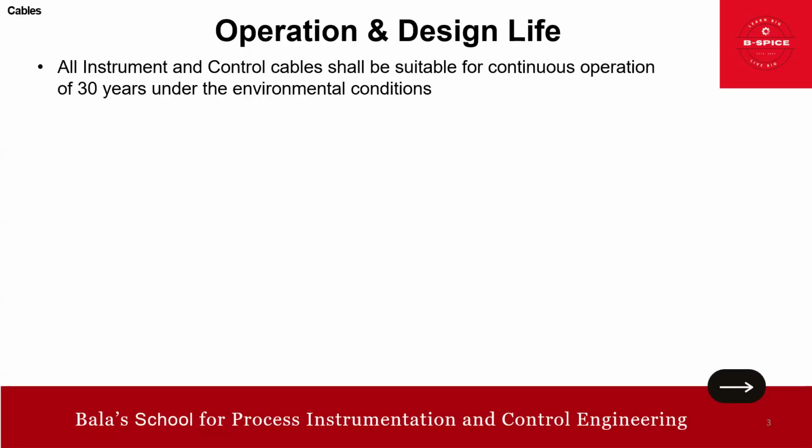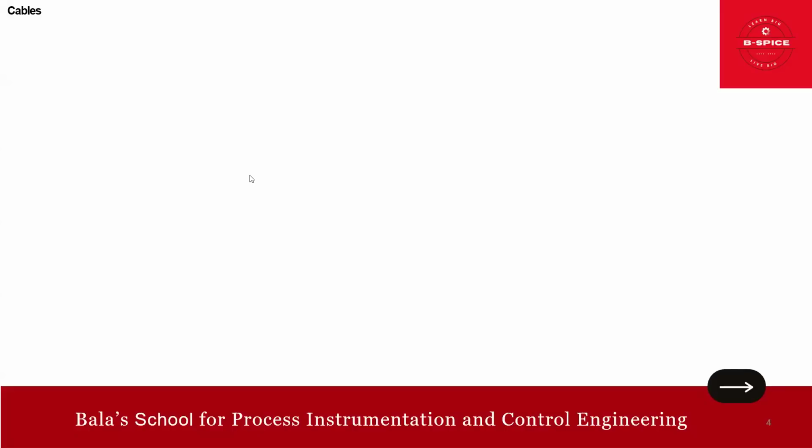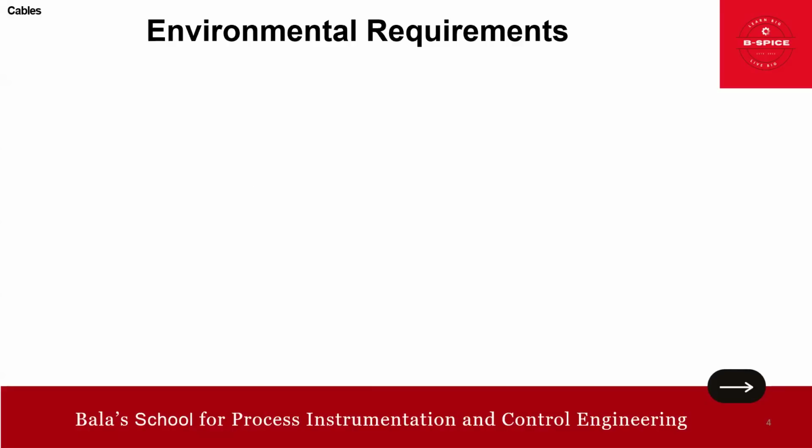Even for any system, take the case of a DCS system, we should ask for 25 years, as the vendor normally comes out with a life cycle of 25 years. Likewise, all instrument cables shall be suitable for continuous operation of 30 years under the environmental conditions. That's a piece of information for you.